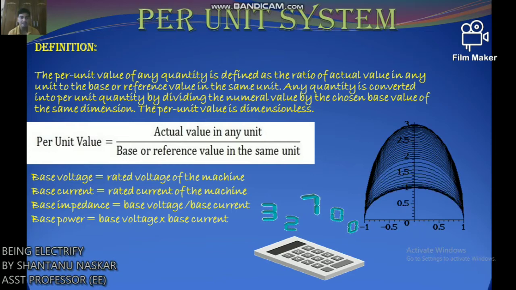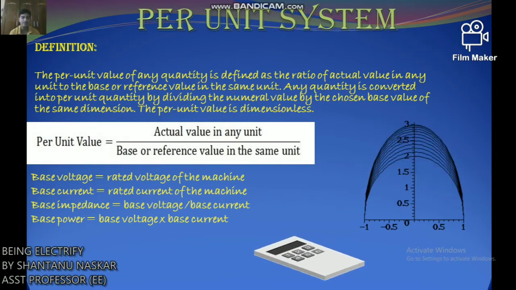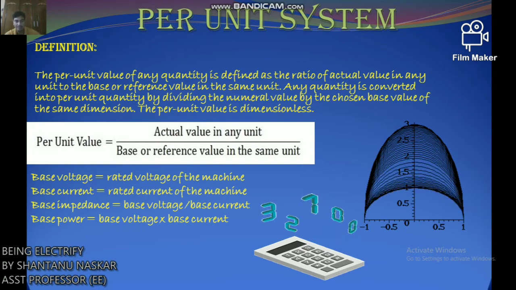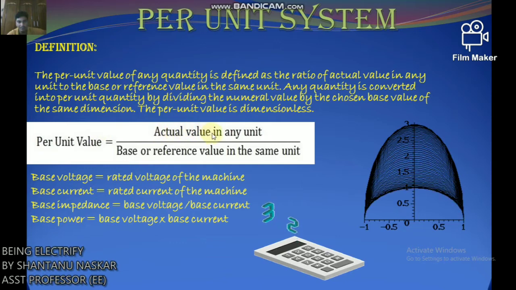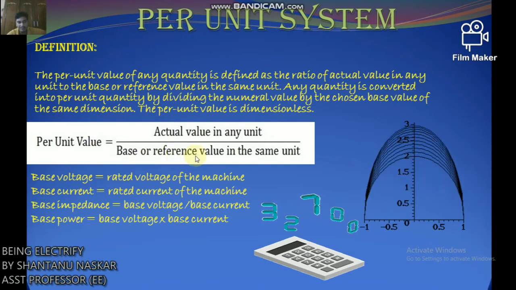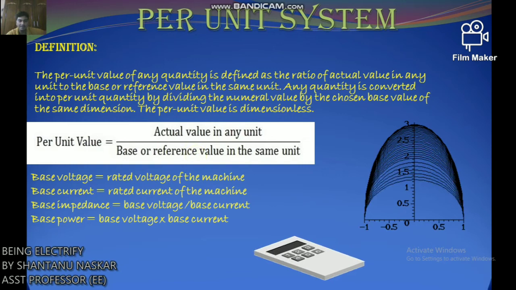Any quantity is converted into a per unit quantity by dividing the numerical value by the chosen base value of the same dimension. So we can state that the per unit value is dimensionless. Per unit value equals actual value in any unit divided by base or reference value in the same unit. The base values can be selected arbitrarily.